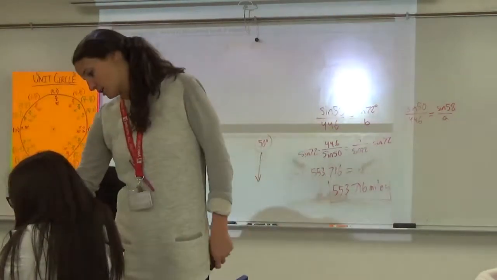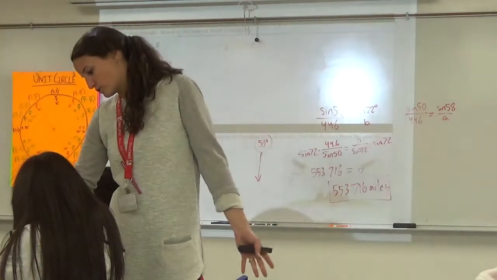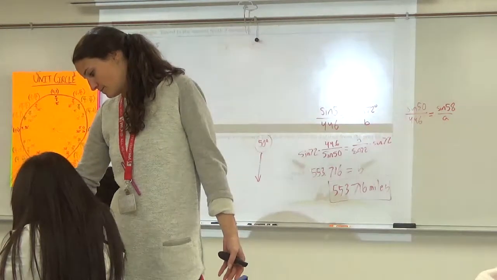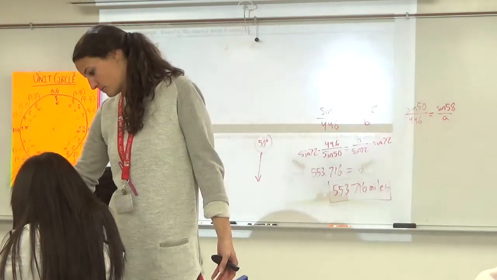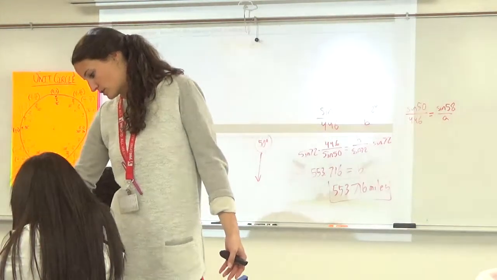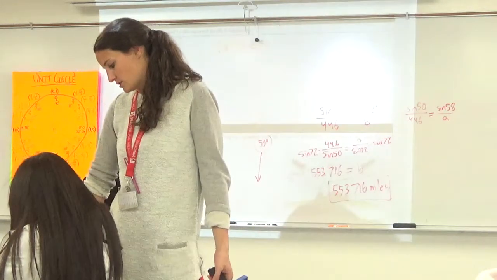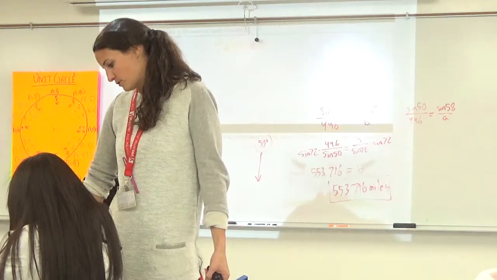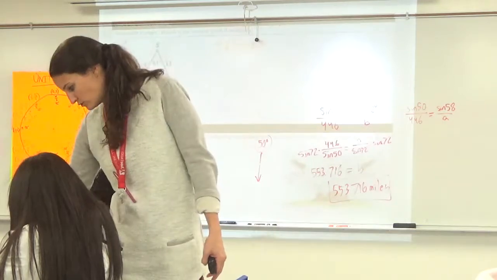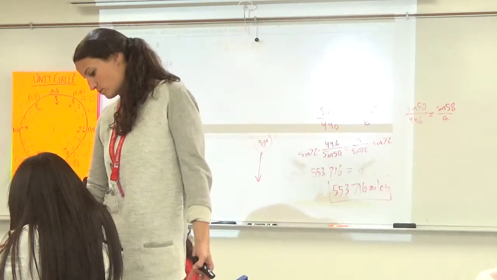So right here, which one do you know the angle and the side? Yep, so you're gonna say sine of 63 over 13. Okay, that's the one that you have to use, and then you're gonna find the one that you're missing.